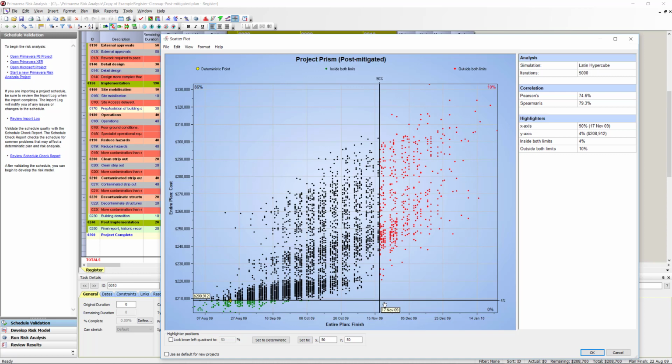Now, if I also want a level of confidence of 90% that my project will not cost more than a specific amount that I will specify, well, that amount, as you can see, I'm going down, that amount will have to be $269,000.